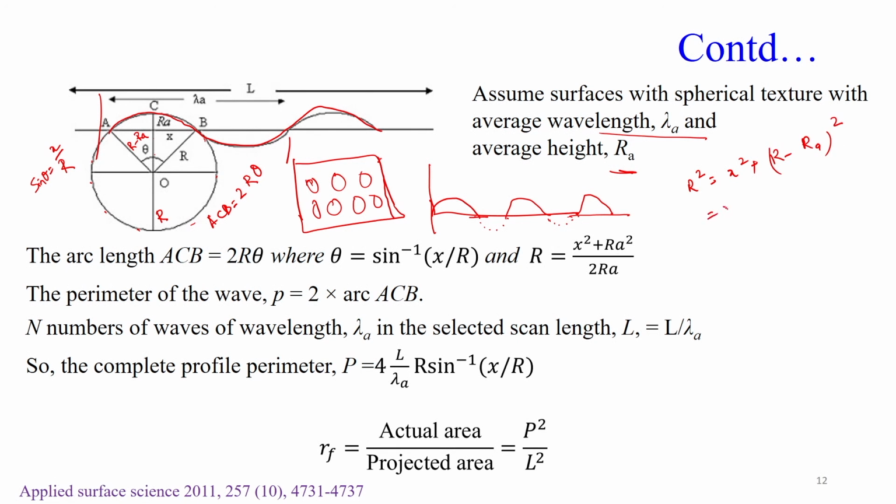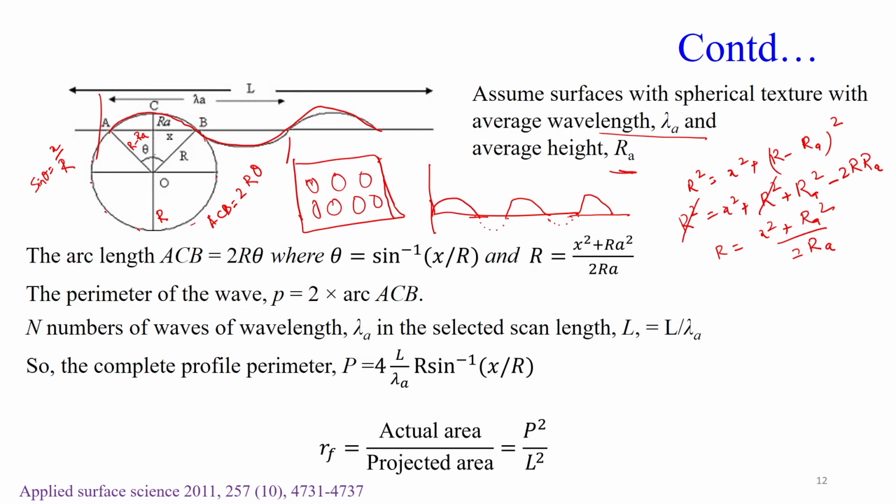So, this will be simply x square plus r square plus R A square minus 2 r R A. With the r squares cancelling out, we will simply get the value of r is equal to x square plus R A square divided by 2 times R A. So, if R A and x are known, we should be able to calculate theta as well as r.